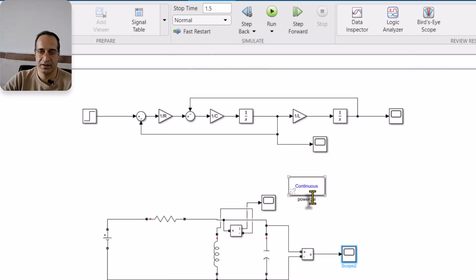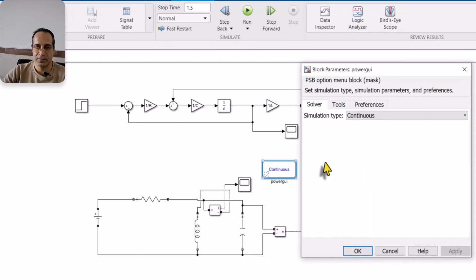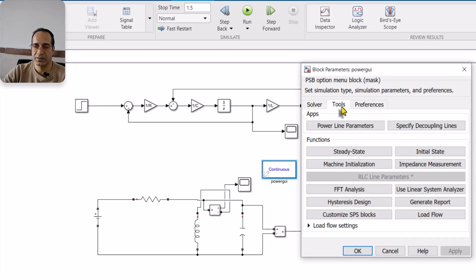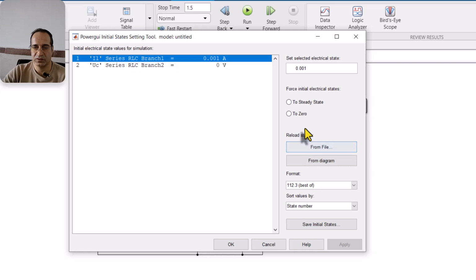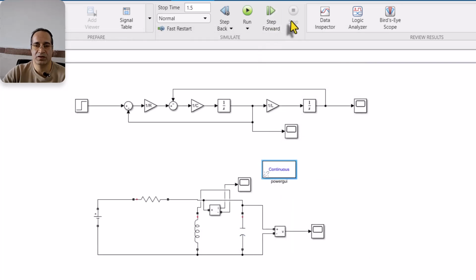I can work on it. Tools, the initial state. Okay, the problem is here. The initial state is 0.001 for series RLC branch I of inductor. It must go back to 0. Okay, now run the simulation again.